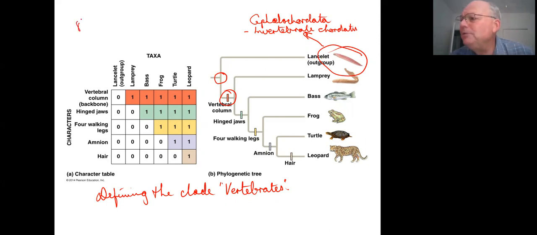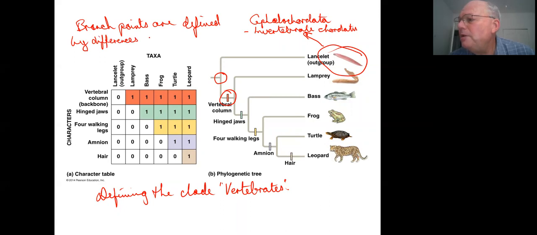So branch points are defined by differences, not similarities.